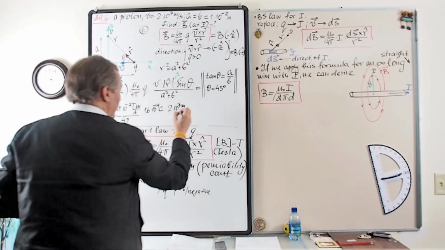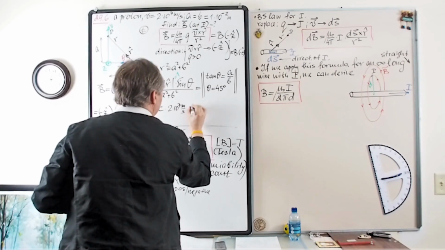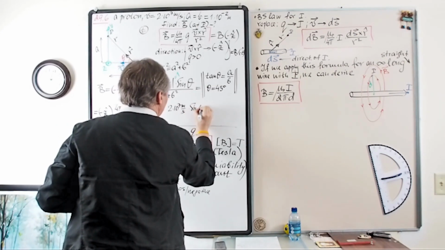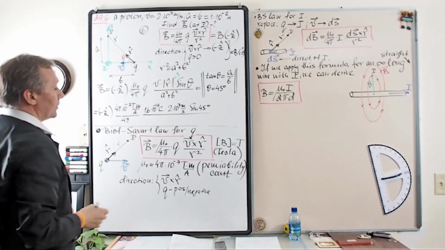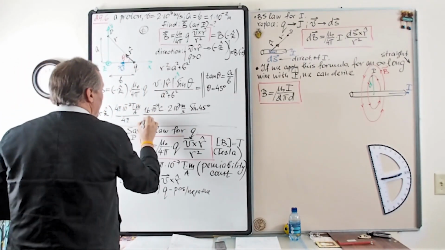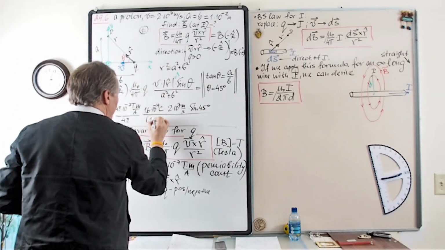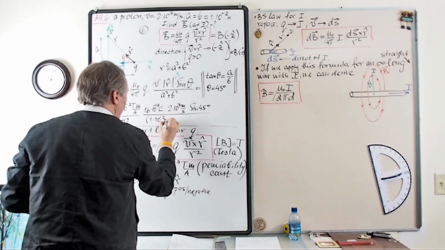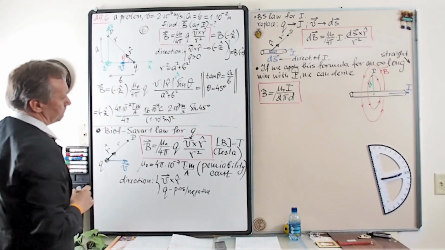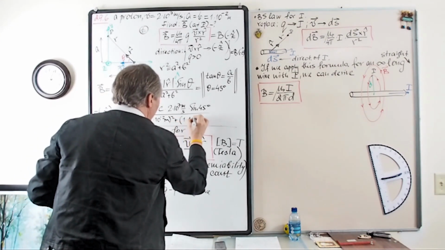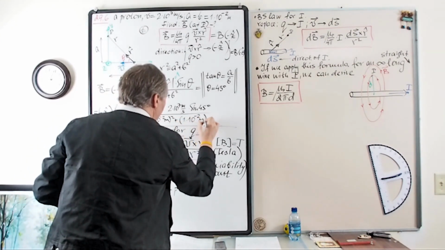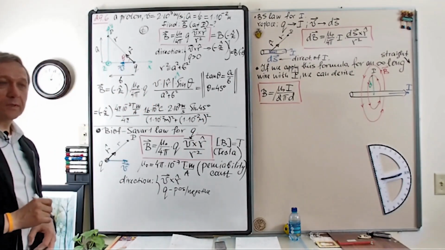Absolute value of r hat is just 1, and sine of 45 degrees, divided by a squared plus b squared. So a and b are the same, it's 1 times 10 to the power of minus 2 meters squared plus 1 times 10 to the power of minus 2 meters squared, right?